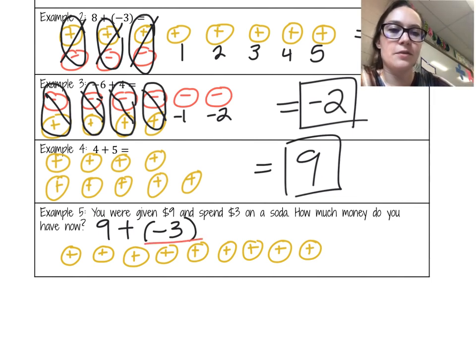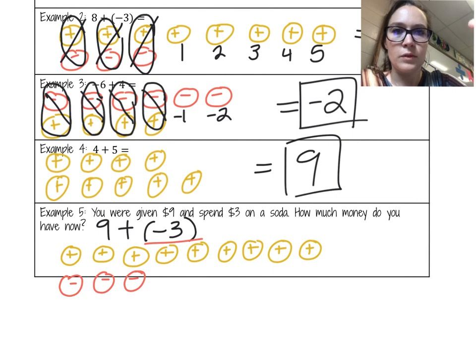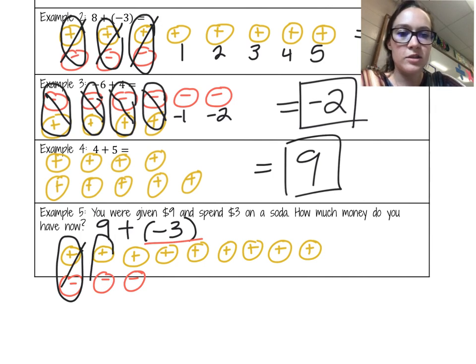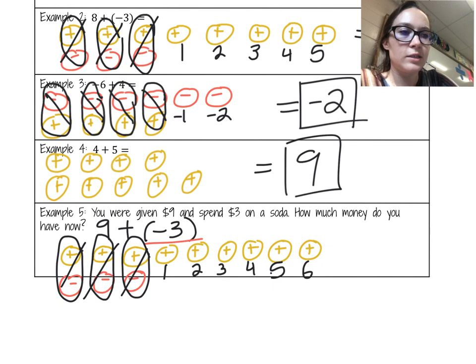Then we have plus negative 3, so I'm going to add 3 negative chips. There's 1, 2, 3. Then I'm going to make the 0 pairs, so a positive paired with a negative, I can eliminate them. Positive with a negative, I can eliminate that pair. Positive with a negative, I can eliminate that pair. I can't make any other pairs with one positive and one negative, so I'm just going to see what I have left. There's 1, 2, 3, 4, 5, 6. So you have $6 now.